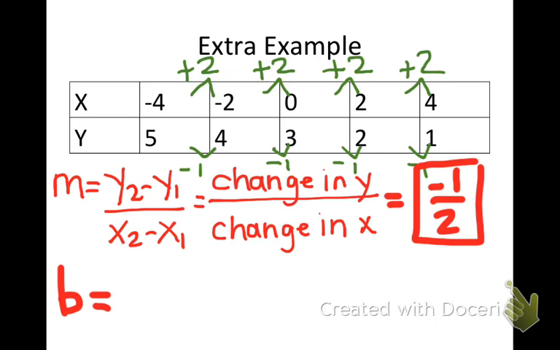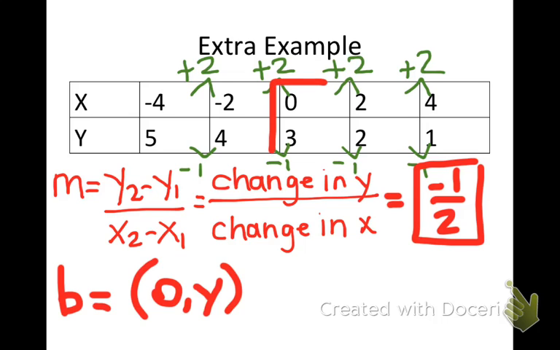Remember that your y-intercept is where your line is crossing the y-axis. If it's crossing the y-axis, that means that your x has to be 0. Do you see an x that's 0 in your table? The ordered pair 0, 3 is the y-intercept.